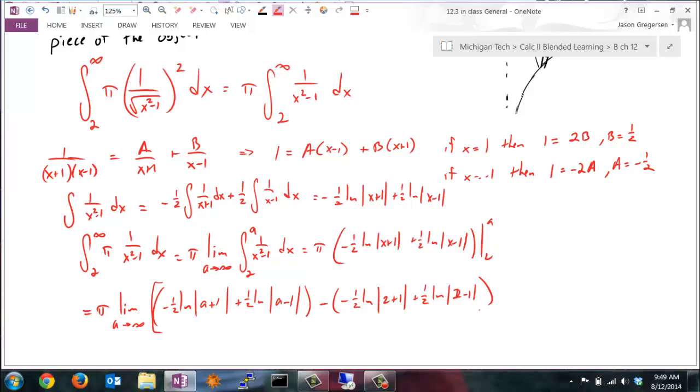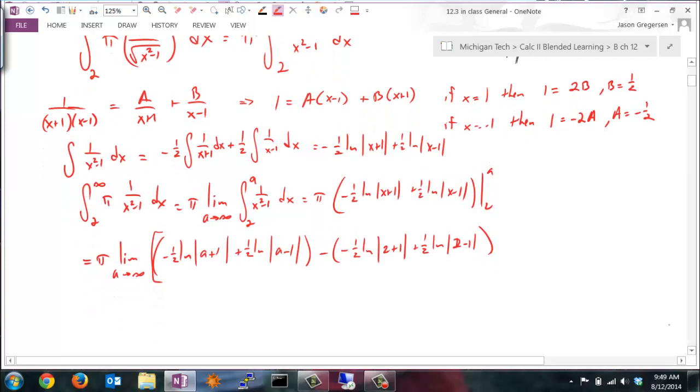So what I am going to do is rewrite this to be one kind of function. I'm going to use that log property we talked about and look at this as, I'll pull out my 1/2 here, and then I have the natural log of a minus 1 over a plus 1.